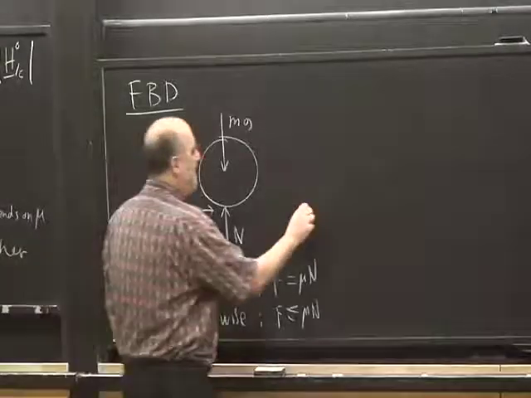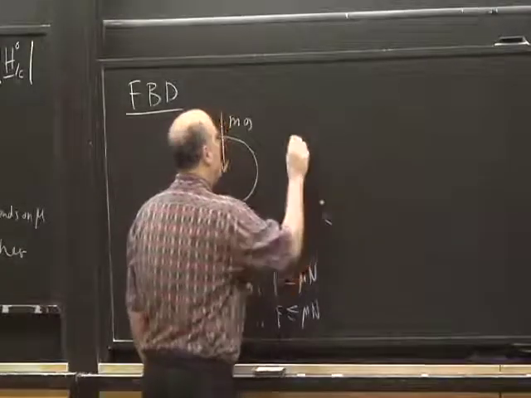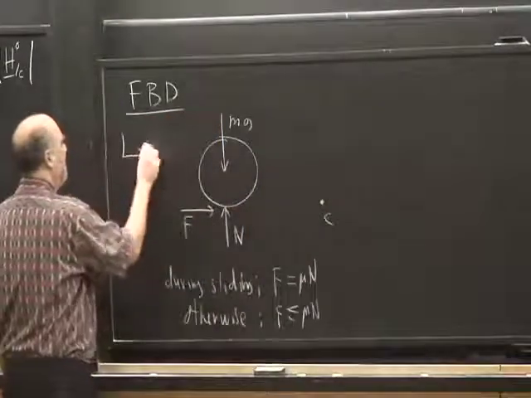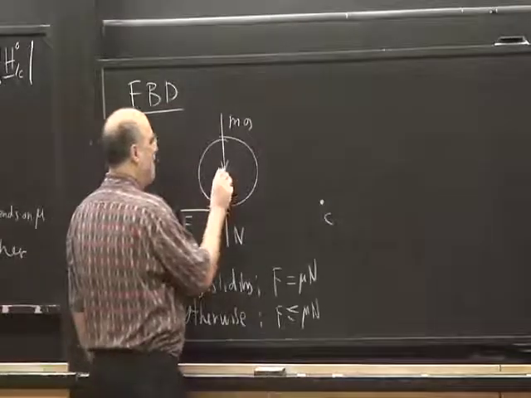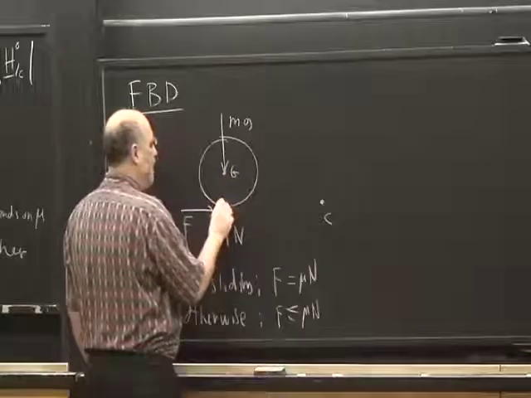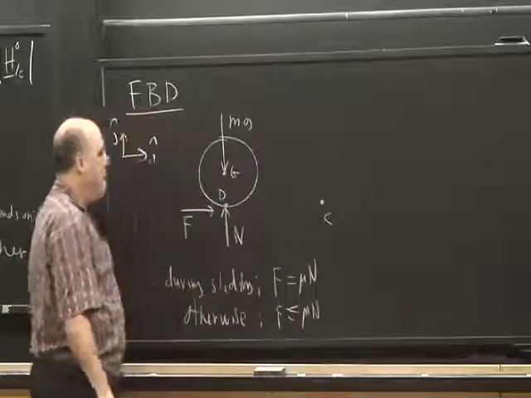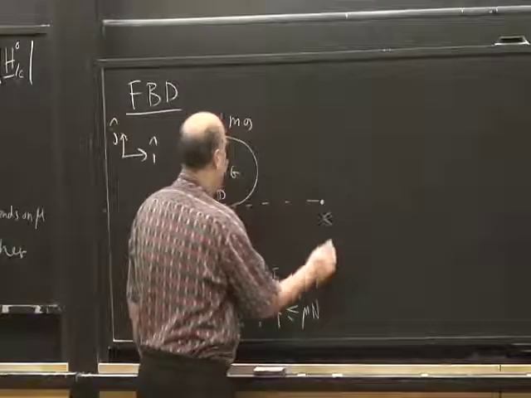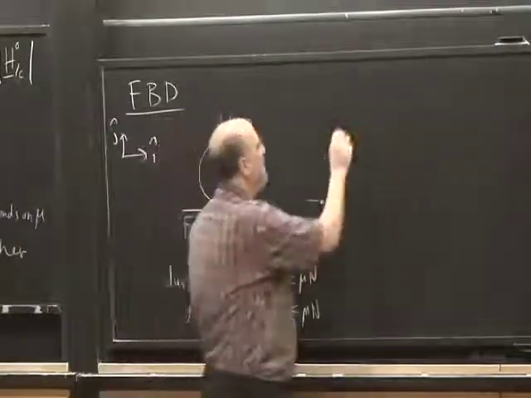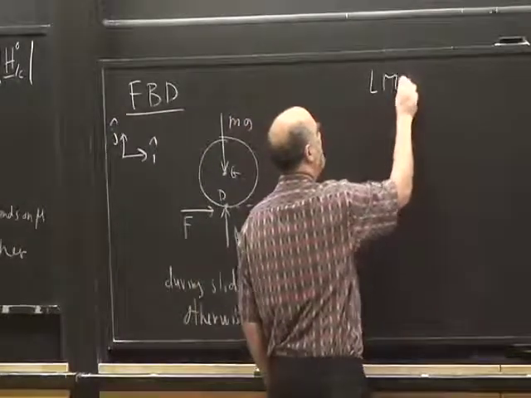Now we've got this point C over here, and we could have some coordinate system, let's say i and j like this, and we could name some points here. Here's a point G, here's a point, let me call this point D. And there's a horizontal dotted line like so. And we can start out with a linear momentum balance equation.